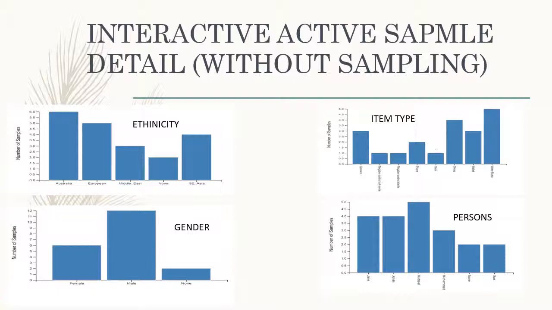Here we can see the interactive sample detail, without sampling. On the basis of ethnicity, Australia has the maximum number of samples, whereas for item type, the water bottles have the maximum number of samples, and most of the samples were collected by males, with the maximum collected by Michael. Moving on, when I put the sampling value at 314, the maximum item type remains the water bottle. But for the person, Jonas has the maximum number of samples.